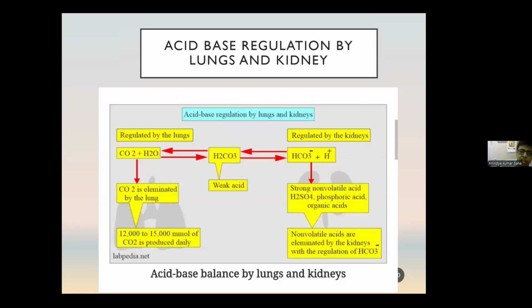Similarly, there is another advantage. The carbonic acid buffer also goes into the form of volatile carbon dioxide. By this, those acids can be eliminated from our body. So for this reason, the weak acid known as carbonic acid is very important for our acid-base regulation.